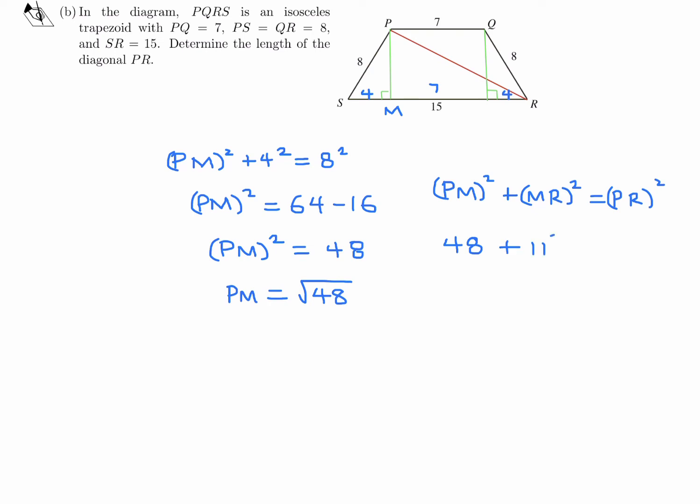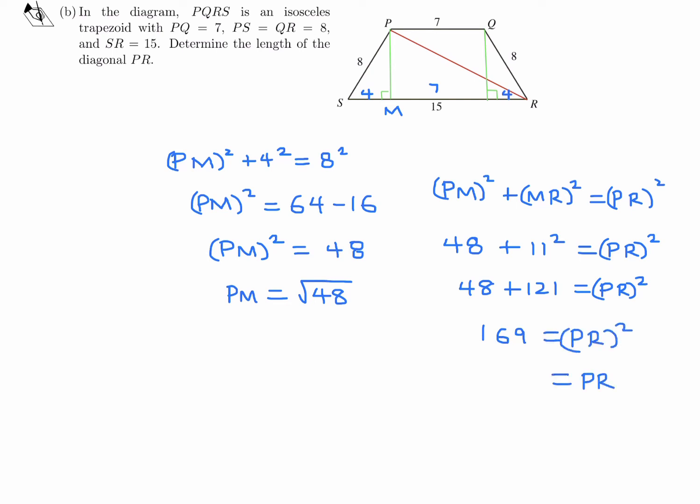So 11 squared, and that's equal to PR squared. So 48 plus 121 is equal to PR squared, and 48 plus 121 is 169. Therefore, if you take the square root, you get PR is equal to 13.